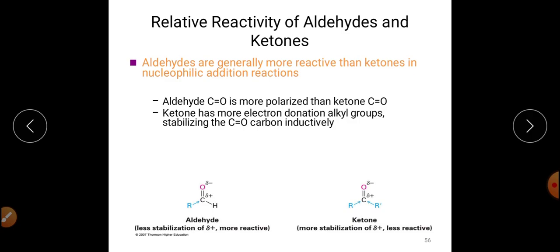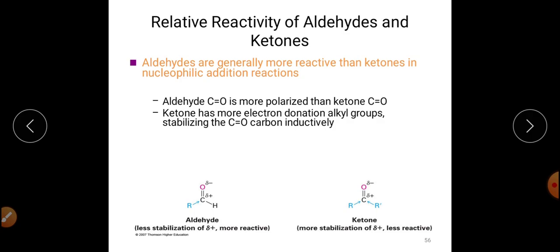So the second factor that contributes towards the lesser reactivity of ketones in comparison to aldehyde is the electronic factor. Means in case of ketone, we have two R groups and the R groups are electron donating in nature.